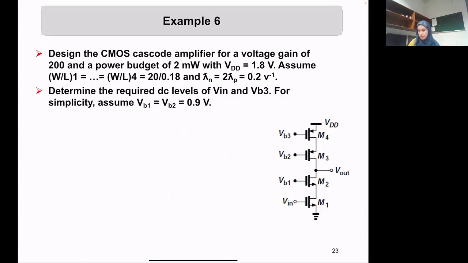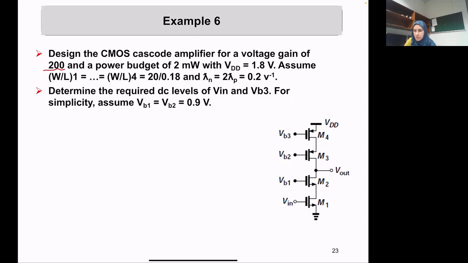So this question is basically asking us about this cascode for a voltage gain of 200, and we have a power budget of 2 milliwatts. We have a supply voltage of 1.8 volt, assuming that all transistors have the same size of 20 over 0.18.